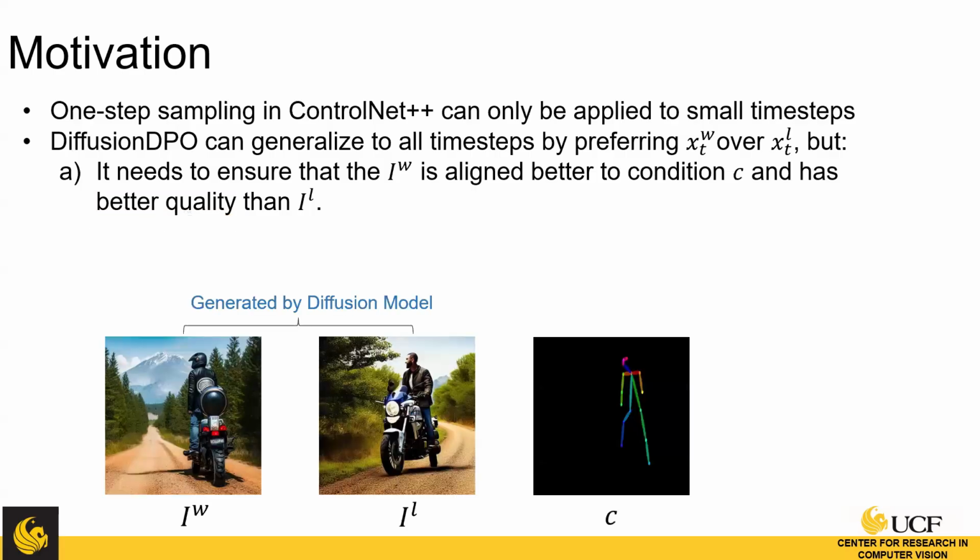The first one is easy because when we generate images with diffusion models, we can always find a winning image that is apparently much more aligned with the condition. However, the second one, the quality, is hard to guarantee because even with some filtering mechanisms such as ImageReward score, we cannot guarantee that there is no artifact in the winning image and that the overall quality of the winning image is better.